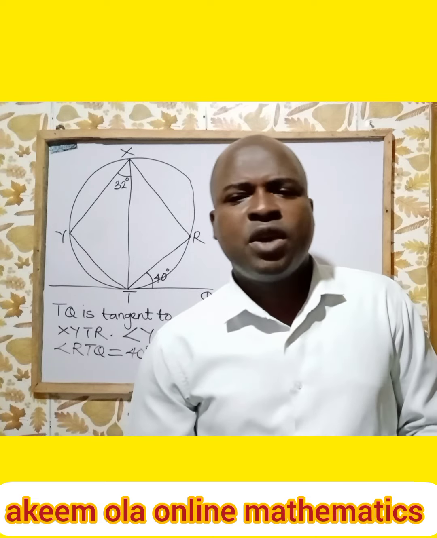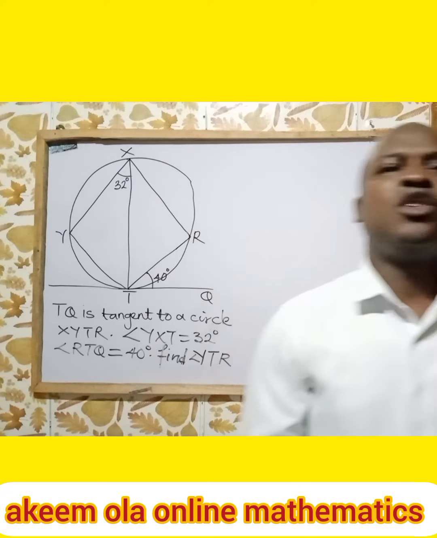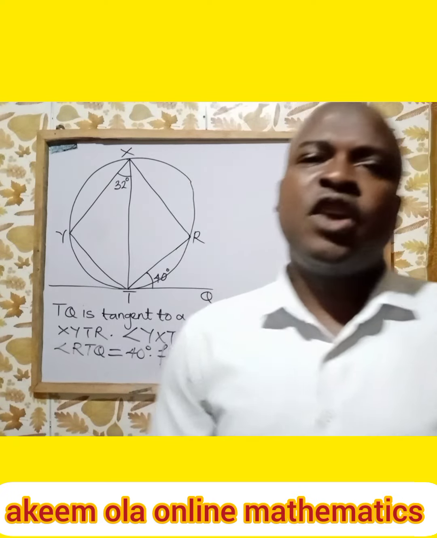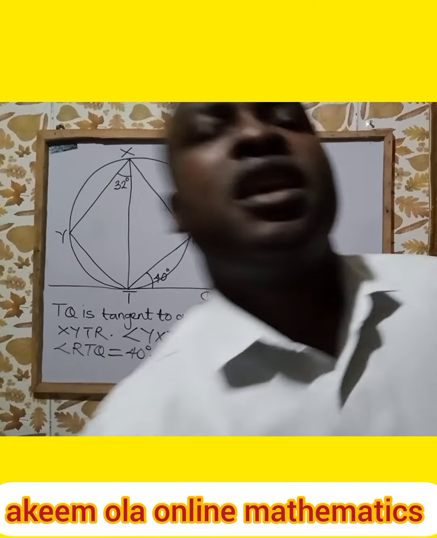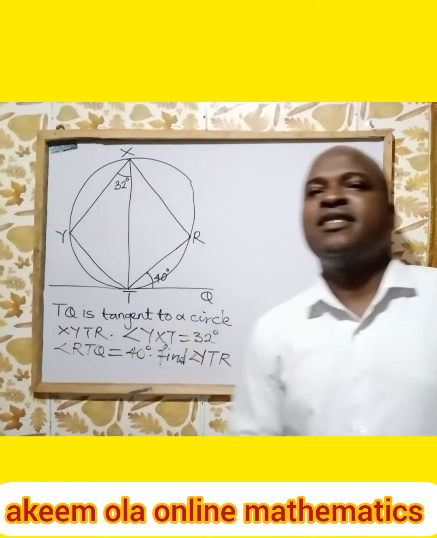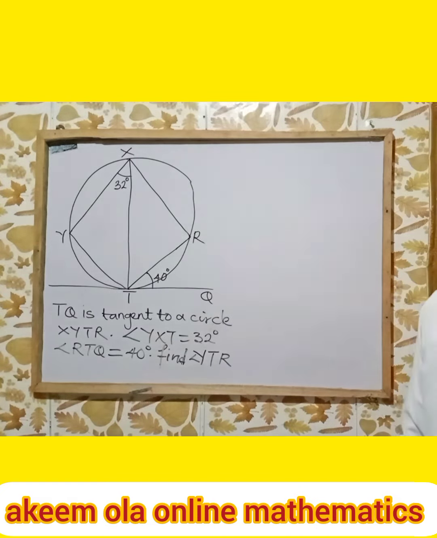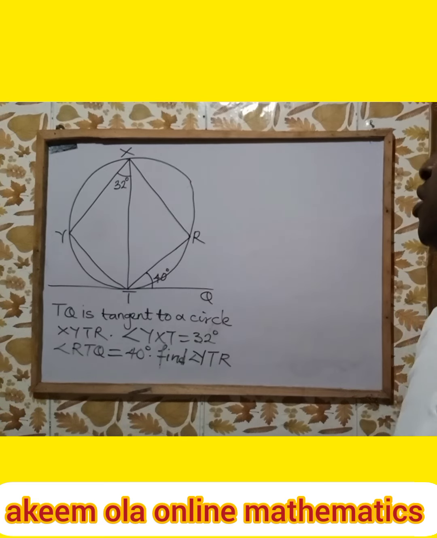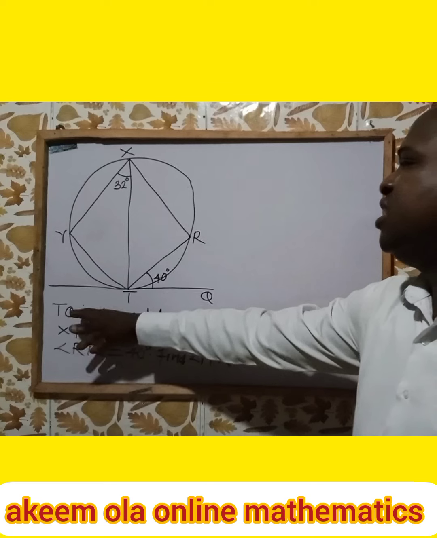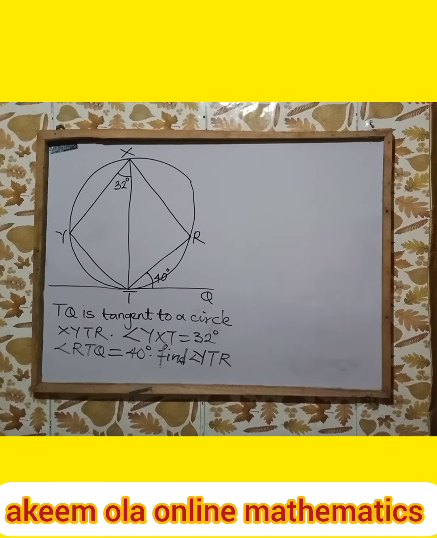We have a question that is somehow different from the one we have been solving all this while. The question we have today is on tangent to a circle, and we are given a particular question with a diagram on the board. TQ is tangent to a circle SYTR.